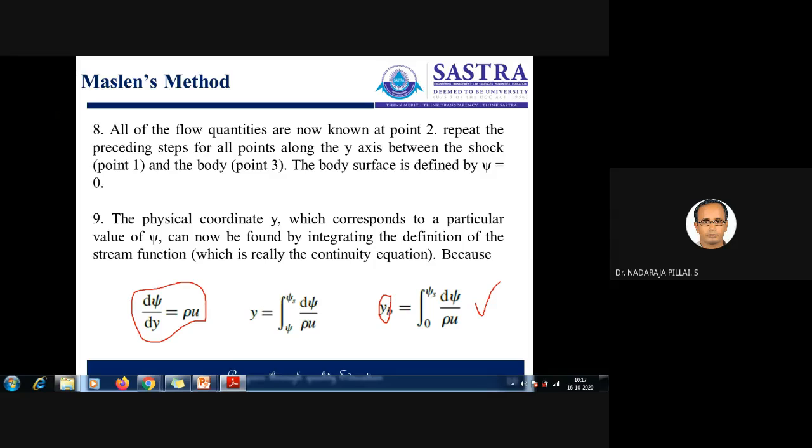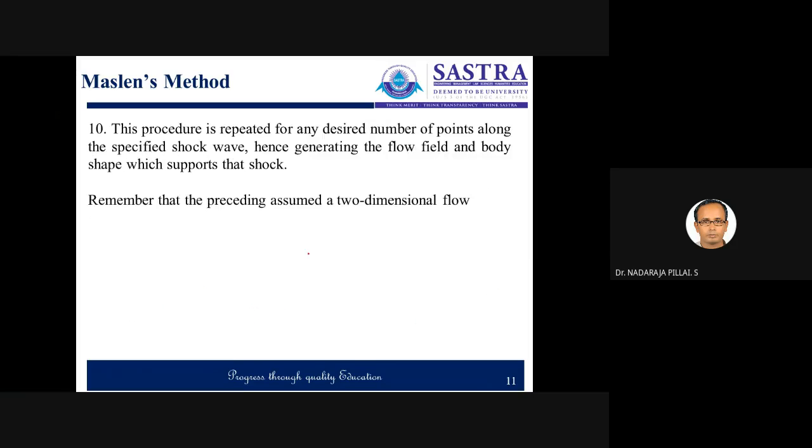So the procedure can be repeated for any desired number of points along the specified shock wave, and hence generating the flow field and the body shape which supports the assumed shock.